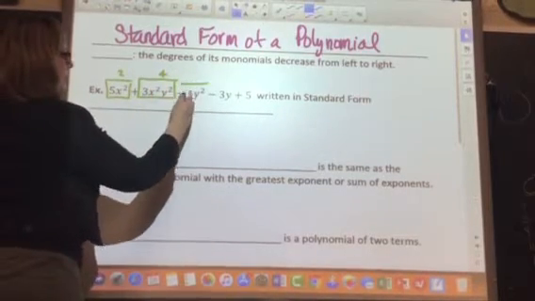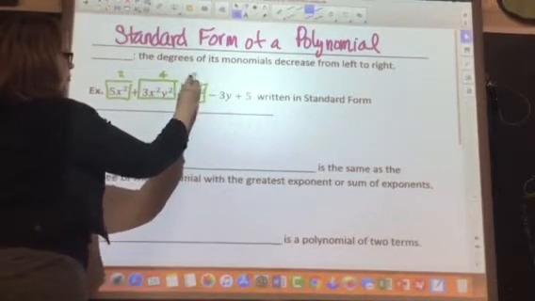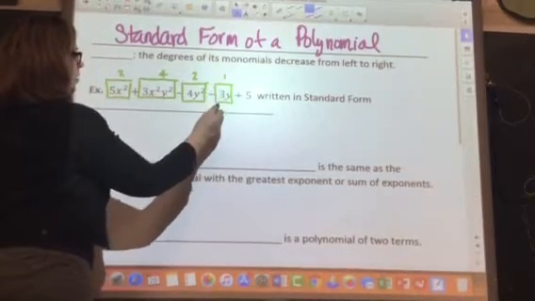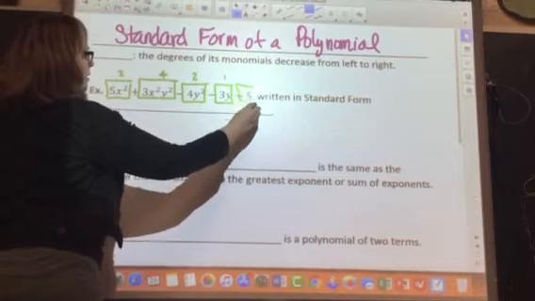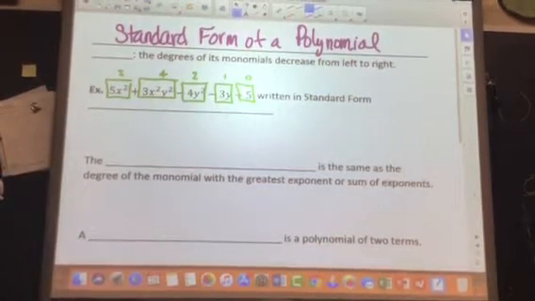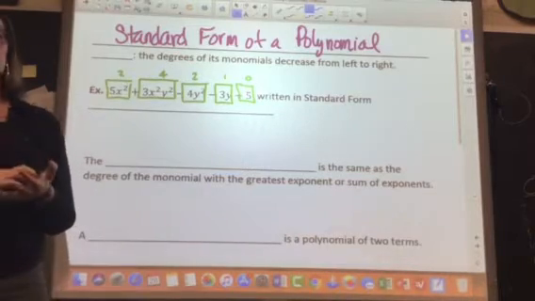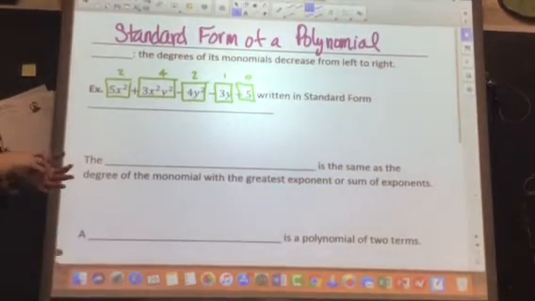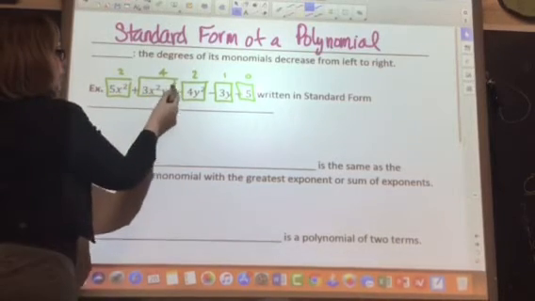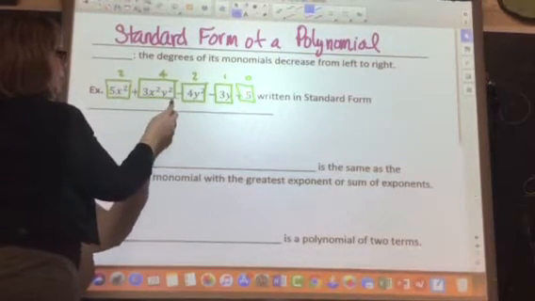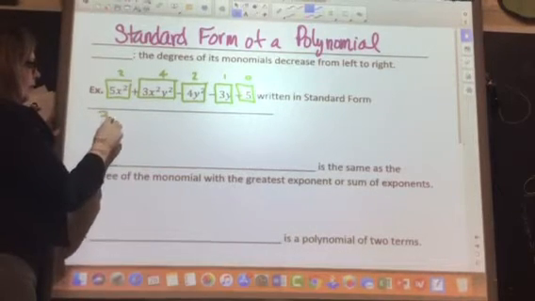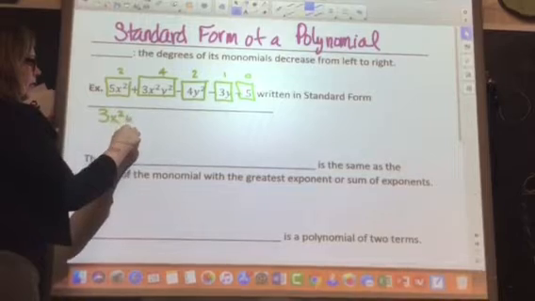This term is degree 2. This term right here is degree 1. And this term is degree 0. So when we write it in standard form, we have to put the largest degree monomial first. So this term right here, the positive 3x squared y squared, is the largest degree. So that's going to be written first.